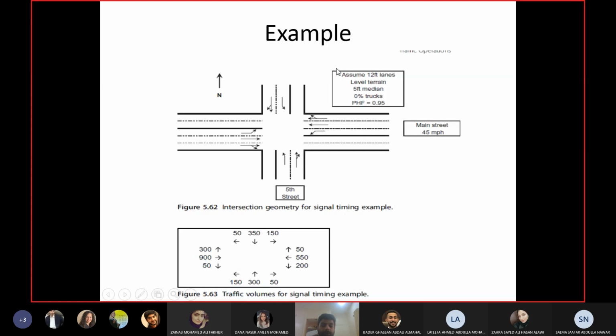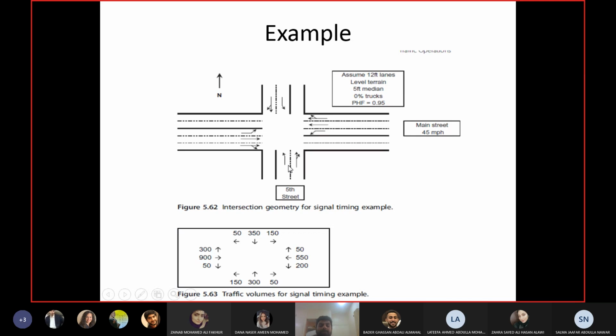For example, the criteria was for two opposing lanes. If you have two opposing lanes, then the multiplication of the left turning volume into the opposing volume should be, I think, 90,000 for two opposing lanes and 50,000 for one opposing lane.